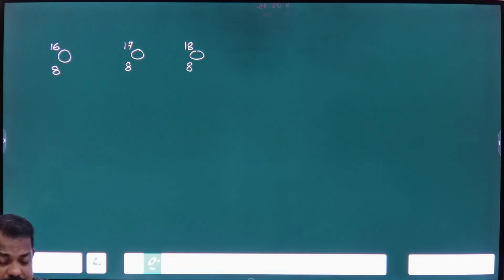The fractional atomic masses of elements are due to the existence of their isotopes having different masses.